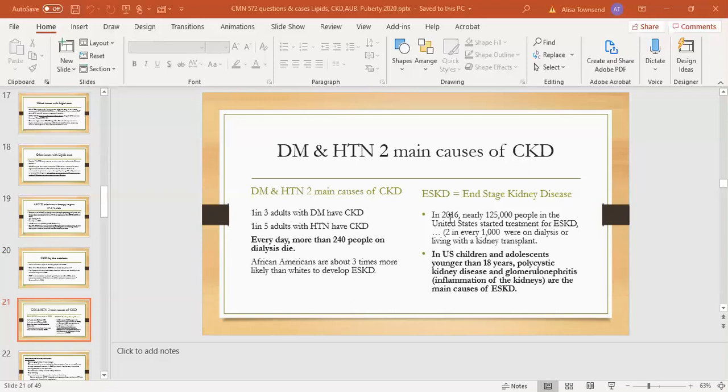We need to be doing our due diligence. You can tell I'm pretty passionate about this. You do not want to see kids on a renal transplant ward waiting for a kidney, so let's try to be aware of that and do what we can.